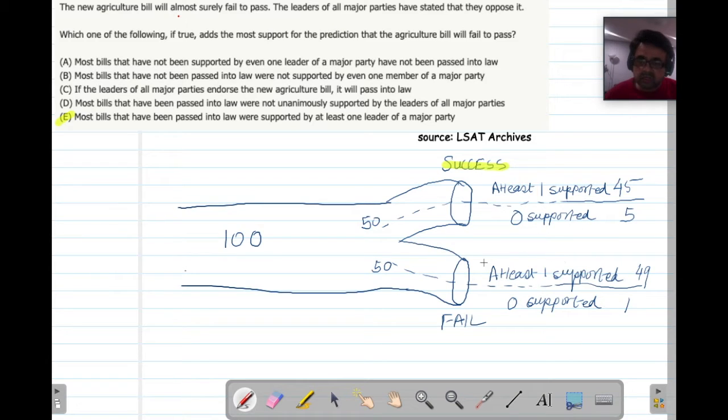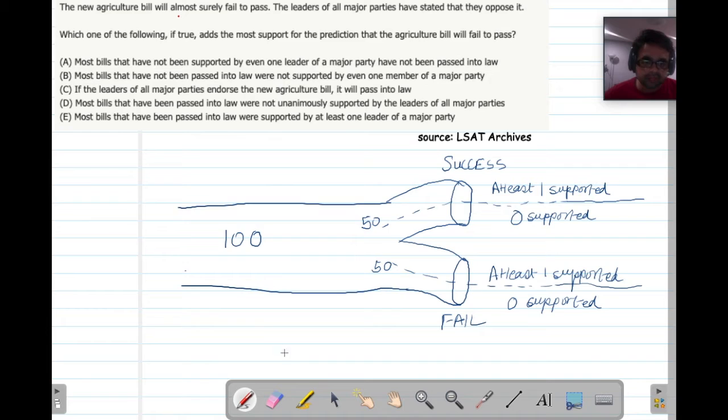But if you look at how many bills were not supported by anybody, 6, right? 5 here. And how many failed? 1. So only 1 of 6 really failed. So it doesn't support that most such bills will fail to pass. And that is why E is also not a good choice.